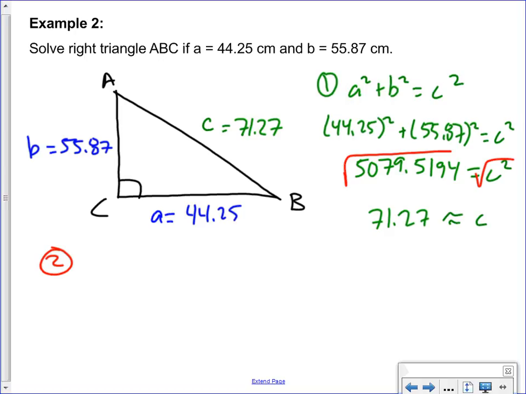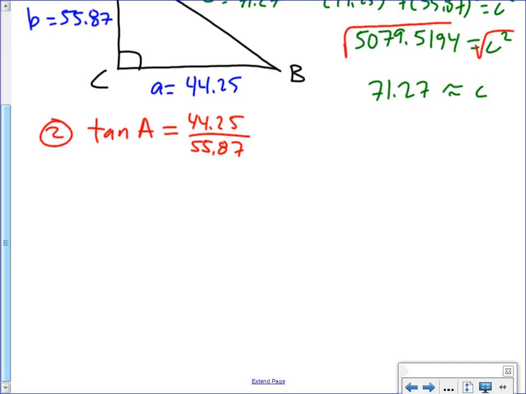Since we're given A and B, sine, cosine, or tangent? Tangent, right? So tan A is equal to 44.25 divided by 55.87. And how do you solve for A? Inverse tan. That's right. So A is the inverse tan of 44.25 over 55.87.